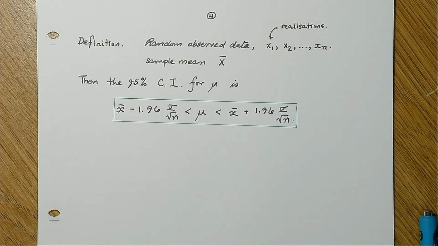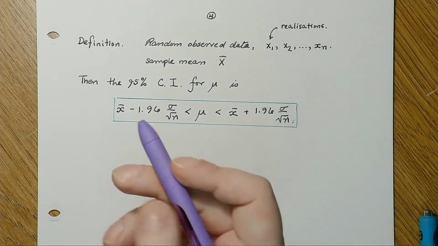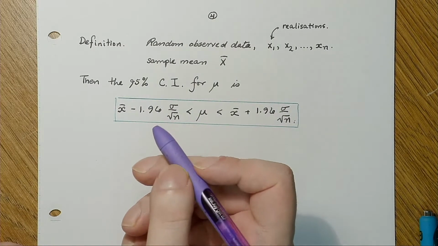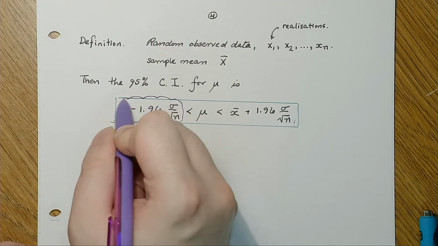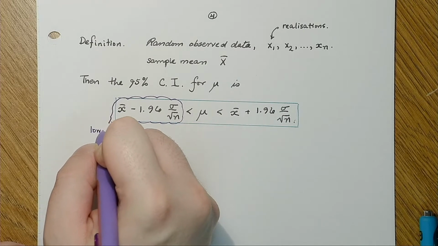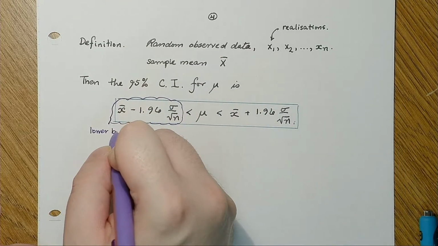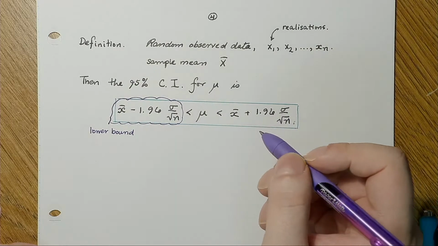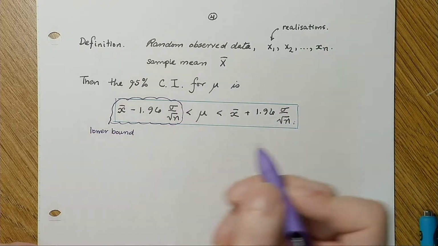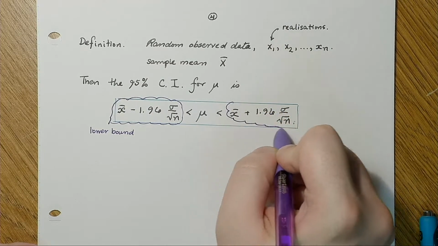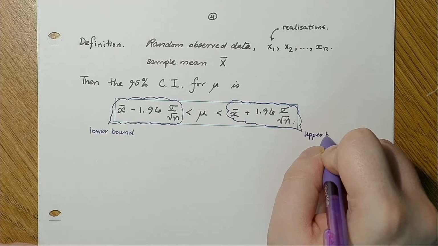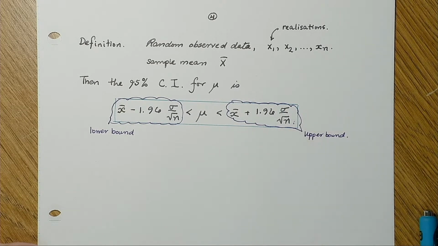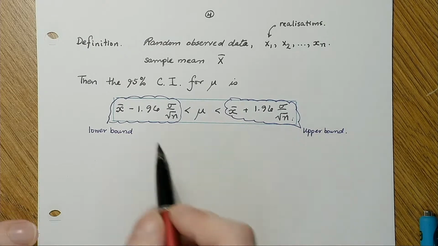And what they generally call the left-hand side is the lower bound, or the lower limit. And over here, there's the upper bound. And that's our confidence interval.